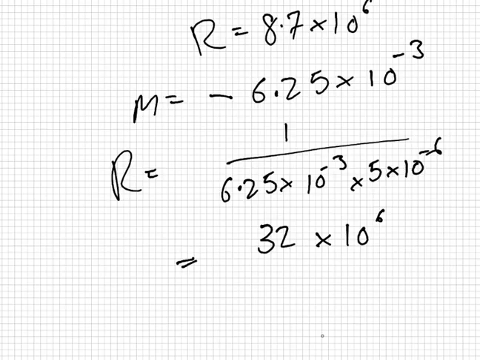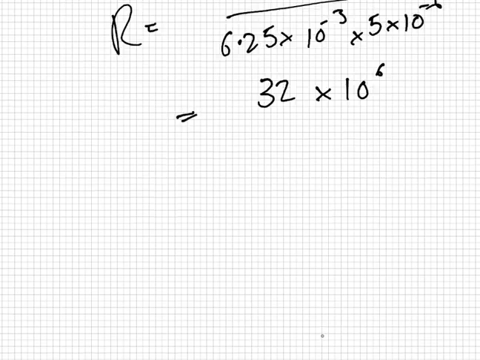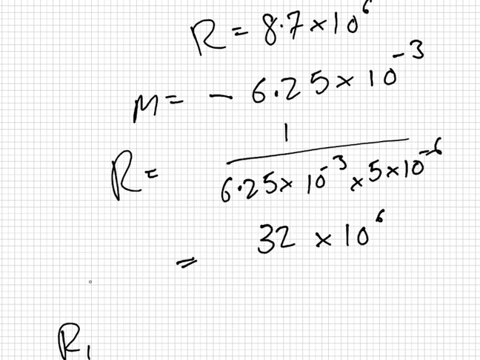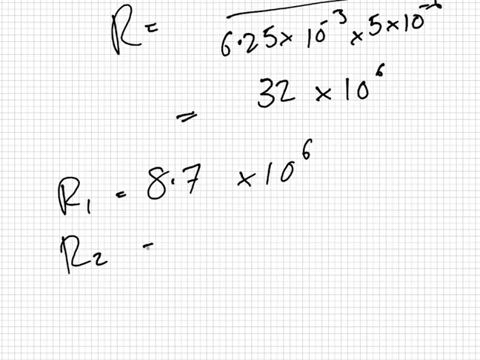So we need to find R2 now. Are they in series or parallel? Oh, yeah. Subtract one from another. So if I subtract these, what do I get? The R1 is 8.7 times 10 to the 6. You get 23.3 times 10 to the 6.